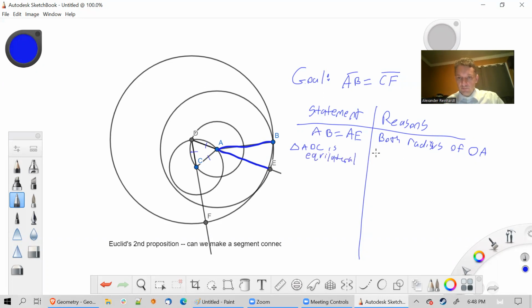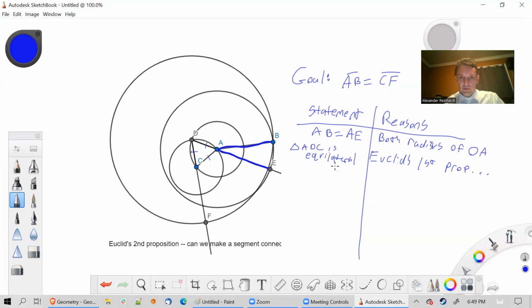How do we know it's equilateral? Well, we used Euclid's first proposition last week. Now we can state it as a reason because we proved that it works. Euclid's first proposition. So once we prove something in math, we get to use that in other proofs. And we'll see that throughout the year. Once we prove something, we can then use it for other things.